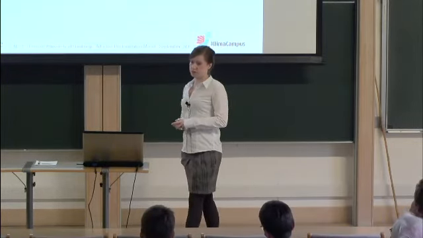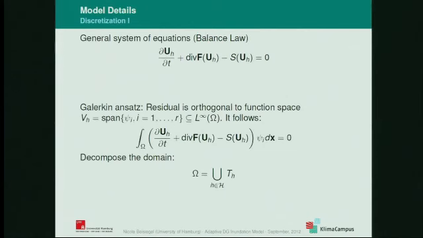Okay, let me tell you a few things about the discretization of the equations. On top of this page, you again see the balance law with UH. I denote the numerical solution to this law. And we do the Galerkin ansatz, which means that the residual is orthogonal to the function space that we choose.